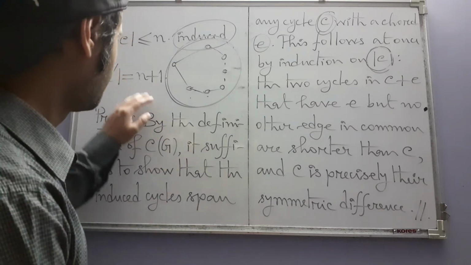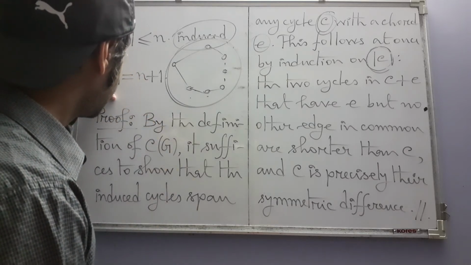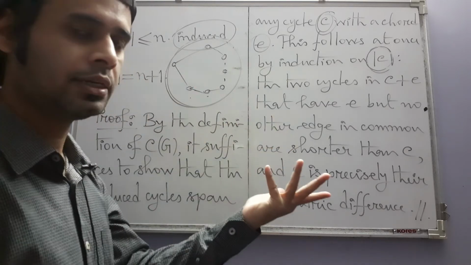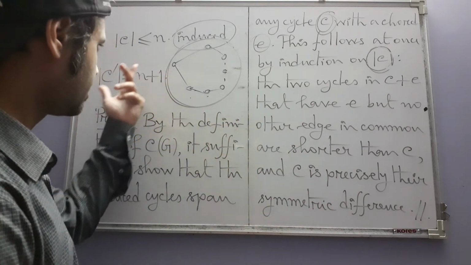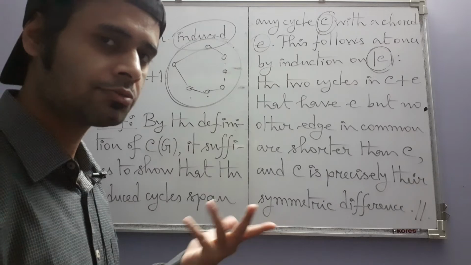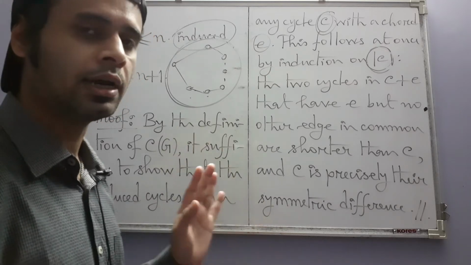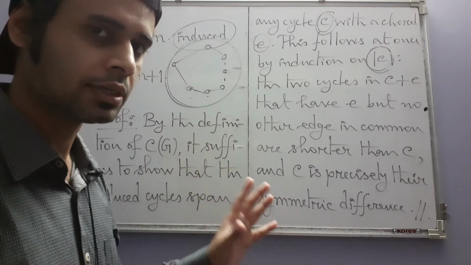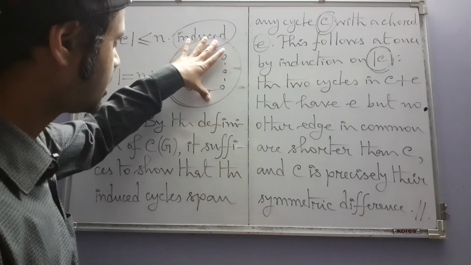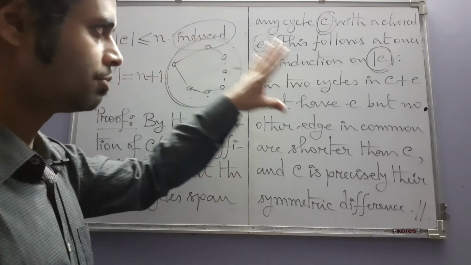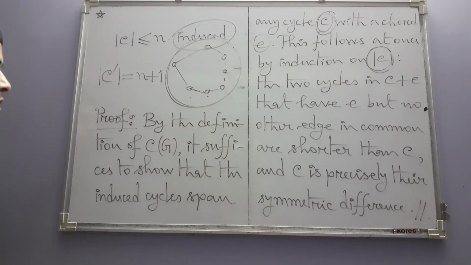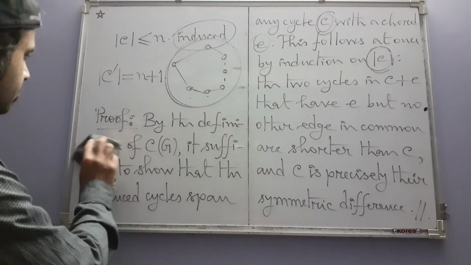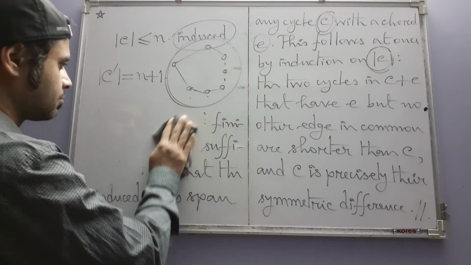Now if it happens that C prime itself is an induced cycle, in spite of being such a big cycle, then we are done. We don't have to do anything because it itself is an induced cycle. So just like the base case, we would then stop. Otherwise, there is a chord in C prime.